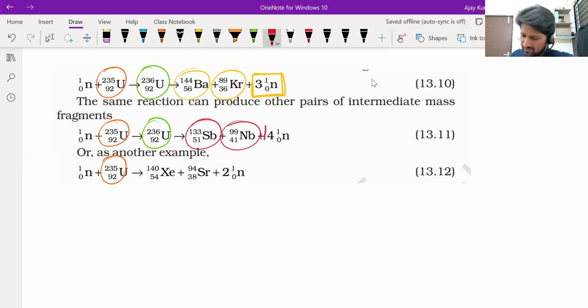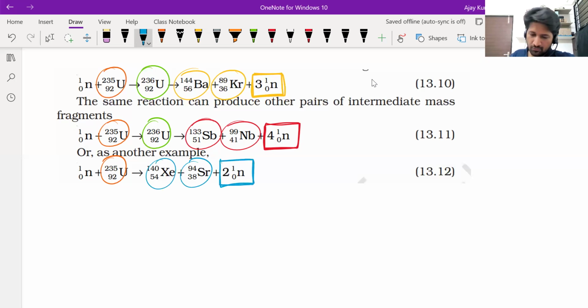But if it disintegrates through that reaction, it produces 4 new neutrons. And if it disintegrates according to the last equation, it produces 2 new neutrons. So you can see that for every 1 neutron that uranium 235 absorbs, it produces multiple neutrons.